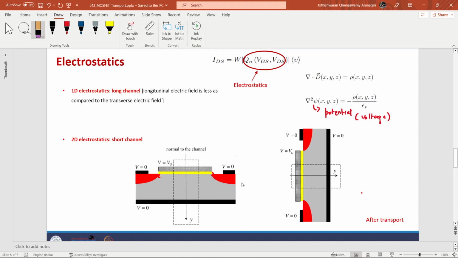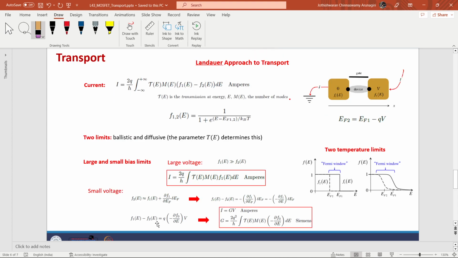The potential profile and the charge carrier distribution are determined by classical electrostatics, and after that we use our semi-classical or partly quantum mechanical treatment of Landauer transport to calculate the current through this three-terminal device.